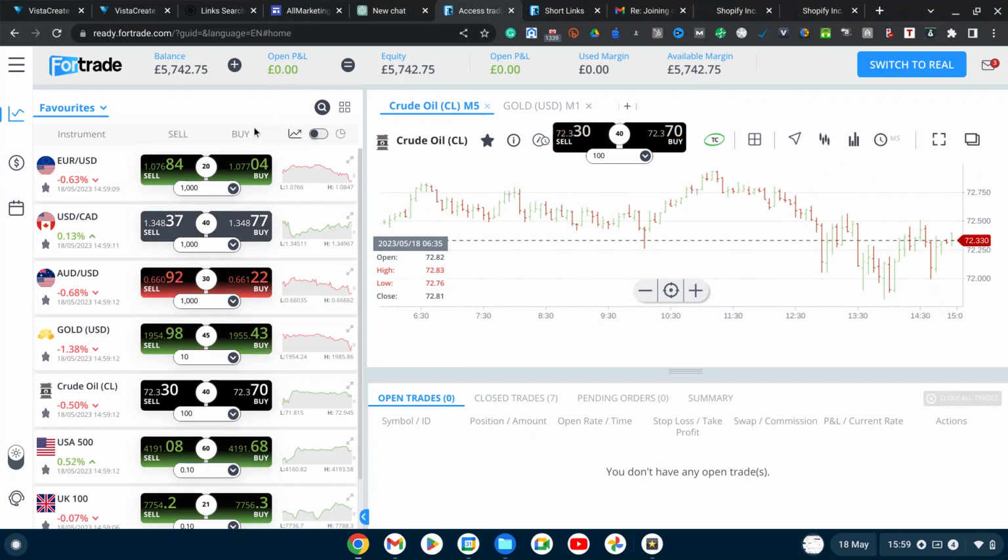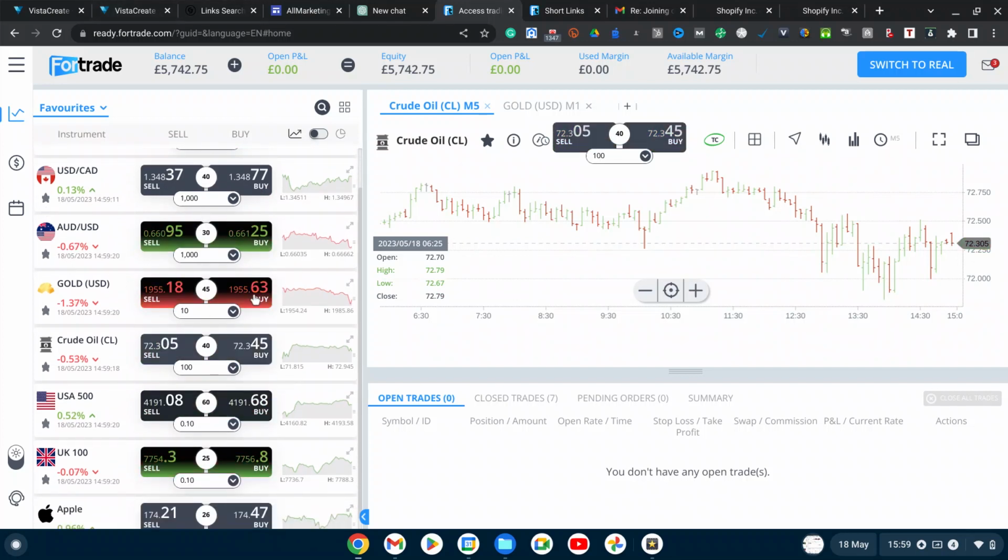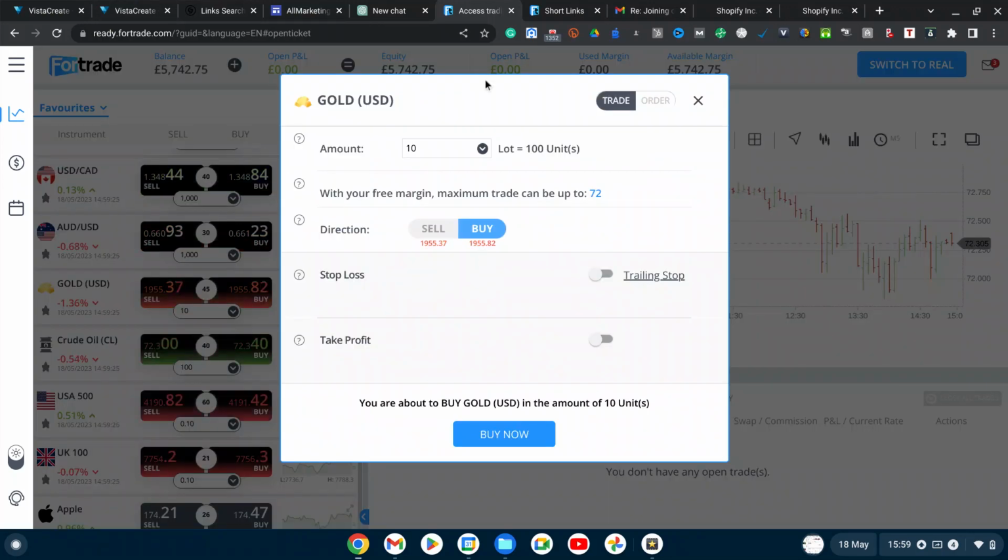But obviously we've just closed all those off, so I'll show you guys how to place a trade. So let's say we want to buy gold, and you can change this number here. We'll put gold units say 200.